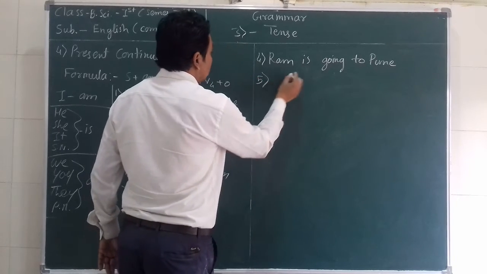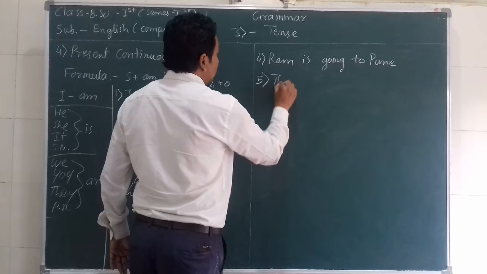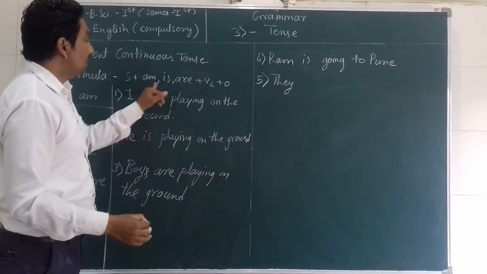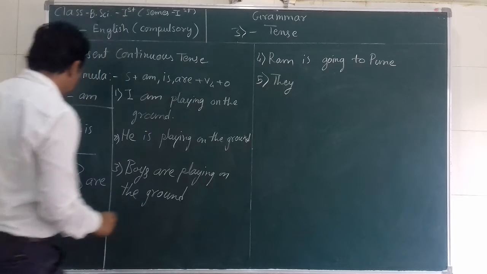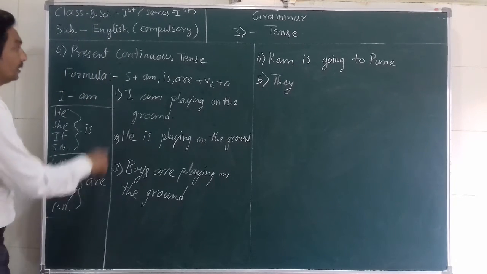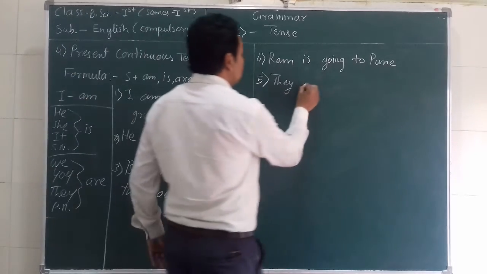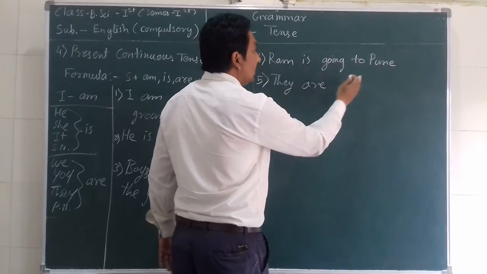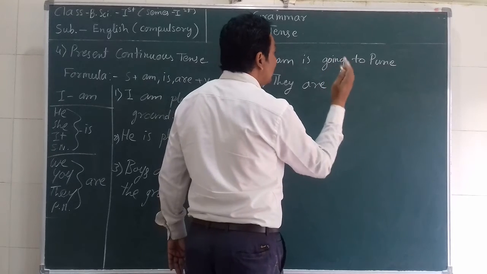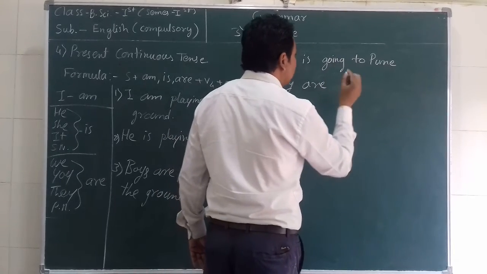Suppose I am going to take the subject they. In front of they, what will you take, am, is, are from this? In front of they, we have to take are in present continuous tense. Then any verb and the fourth form of that verb, the present participle of that verb.